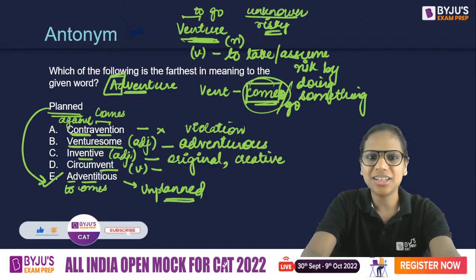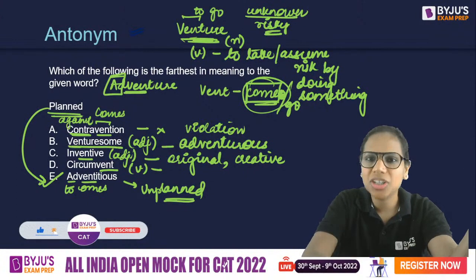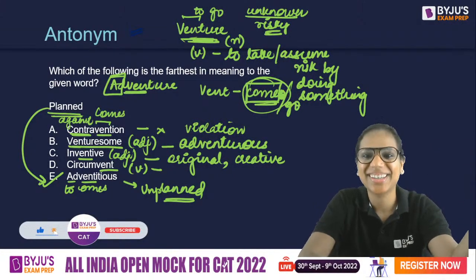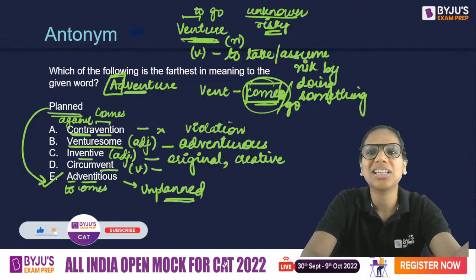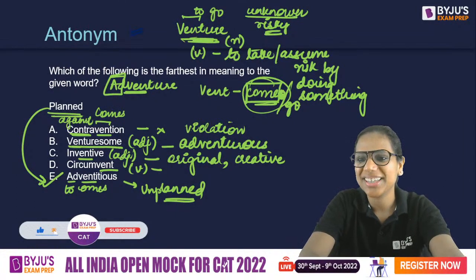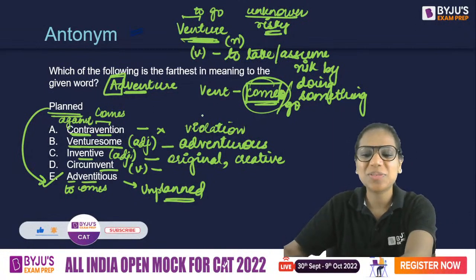So I hope this is clear. Adventitious, let's say, going to that particular destination was a completely adventitious venture for me. I've used everything here. Something that was unintended, unplanned. Okay. All right. Hope this makes sense.